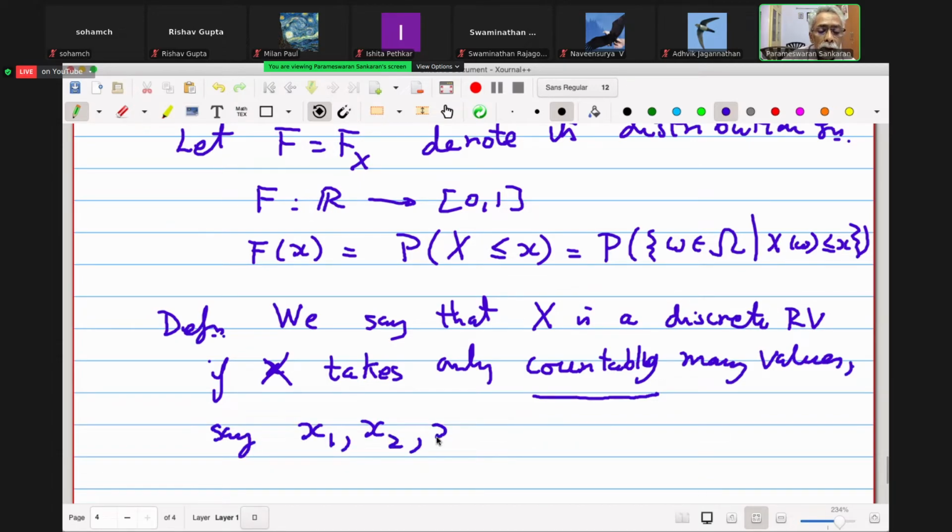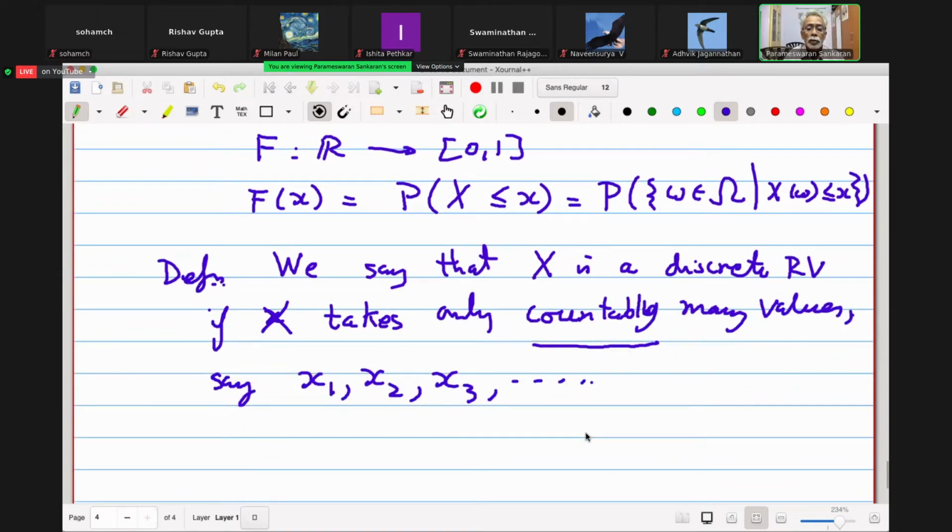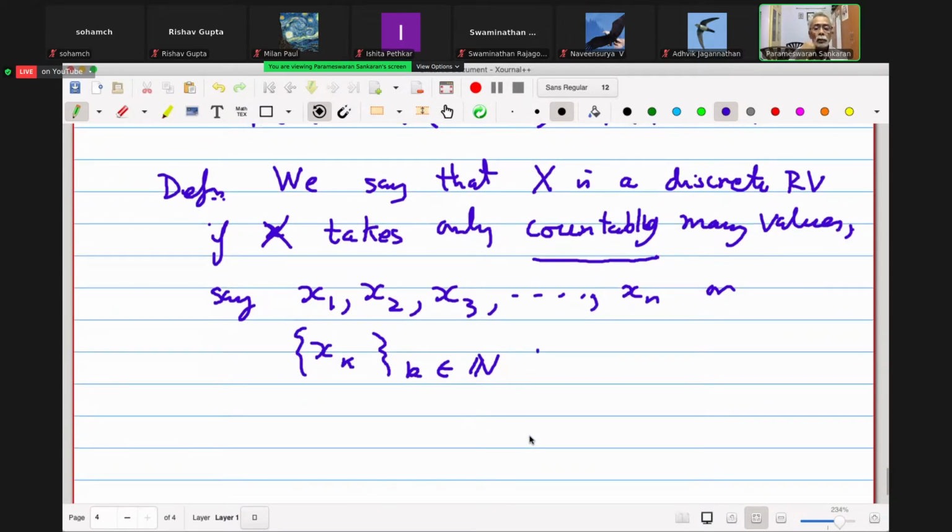They need not be in any increasing or decreasing order. It could be, for example, rational numbers, or anything else, but only countably many values. It could be finite also. Say xk, k in natural numbers.